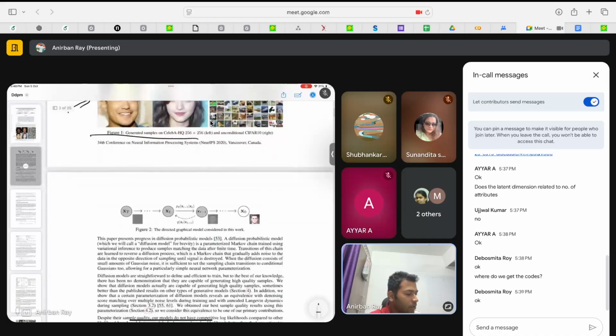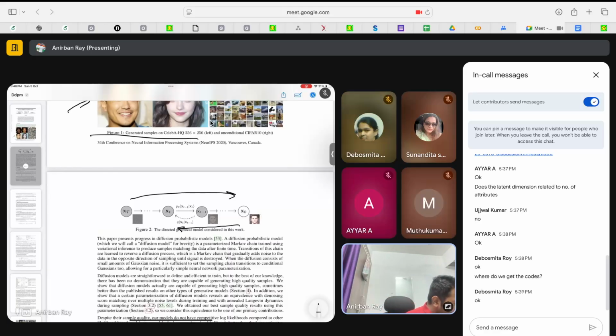So what do we do here? This is called the forward process, which is shown backward actually. Let me check.